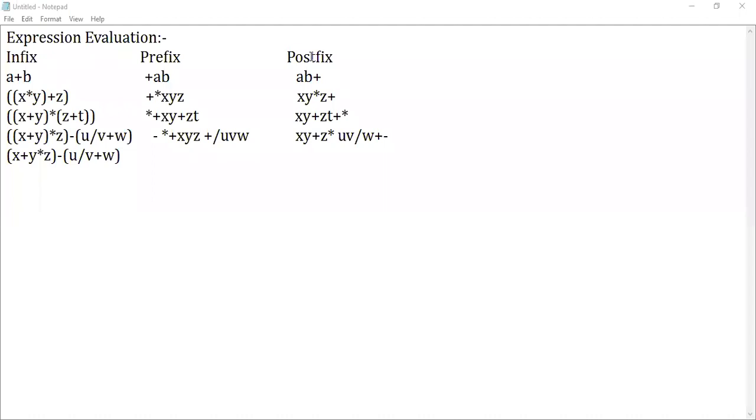Durga Rajesh, wrong. Akash, wrong. Narendra, wrong. Bhuvaneshwari, no. Janvi, no. Sushma, no. Hemant, wrong. Guys, check the operator precedence. I told you operator precedence will be given.